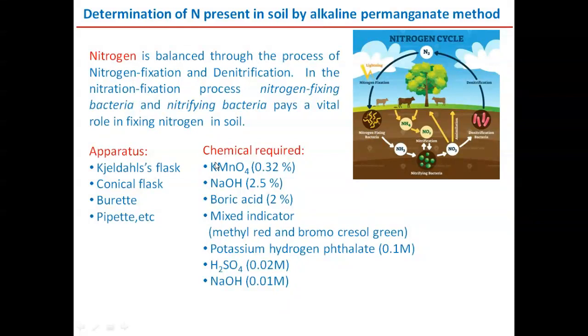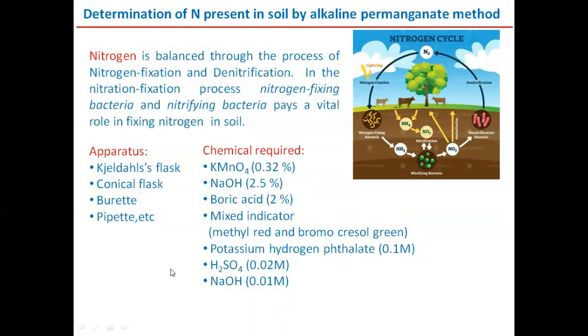So see here in the chemicals required: KMnO4, sodium hydroxide, boric acid, mixed indicators, that is methyl red and bromocresol green. Next is potassium hydrogen phthalate, 0.1 molar solution, and H2SO4, that is 0.02 molar solution. And then sodium hydroxide is also needed, again 0.01 M solution. So these are the solutions required.